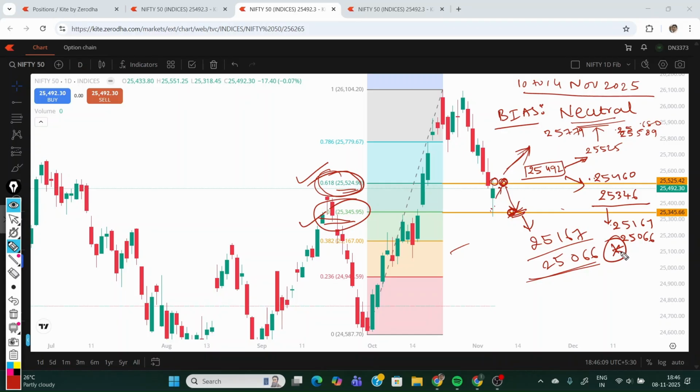And if the momentum accelerates, one may even look for 761 on the downside. So for the purpose of analysis, these are the most probable levels possible for the coming week.